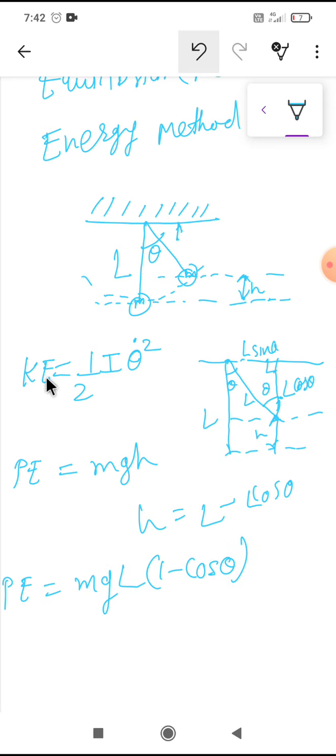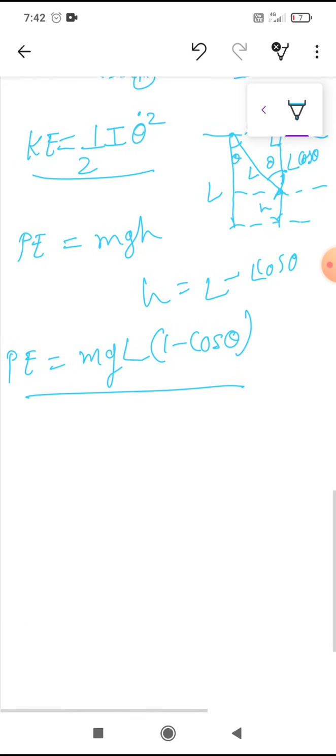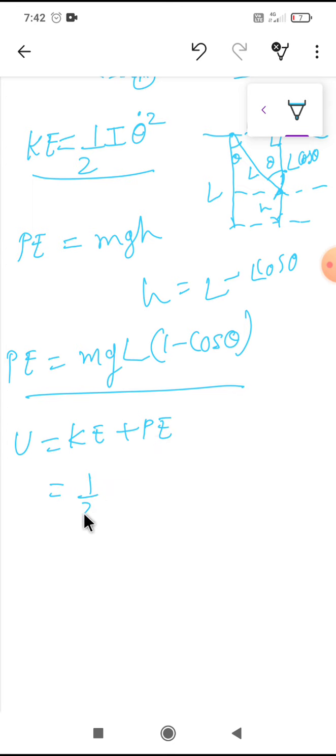So I have got kinetic energy, I have got potential energy. Now the total energy U, as we know, is kinetic energy plus potential energy. So that will be equal to 1 by 2 I theta dot square plus potential energy mgl into 1 minus cos theta, that is U, total energy.